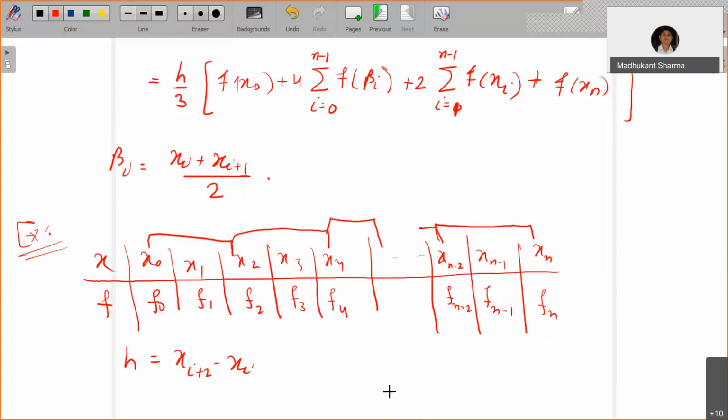So x0 to x2 is 2h, you can say. That's the first thing. The second thing is, what will be the formula? The integration x0 to xn f of x dx is approximately h by 3, where h is xi plus 2 minus xi, times f0 plus fn.